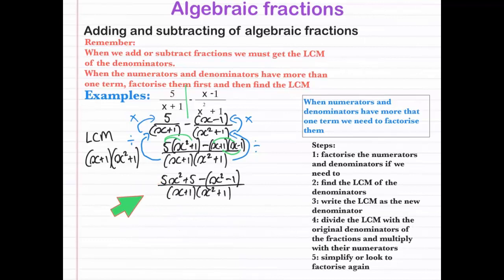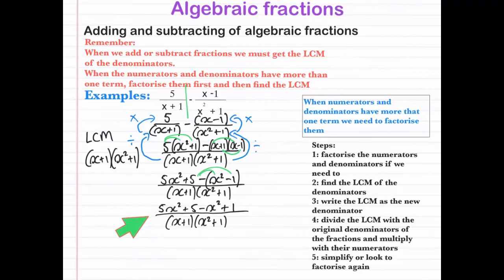Then we continue here. That becomes basically 5x squared plus 5, distributive law. So just keep your head on you because there's a lot of things you need to do. And a minus times x squared is a minus x squared. Minus times a minus 1 is a plus 1. And then we still have the same denominator, x plus 1, x squared plus 1. There we go.